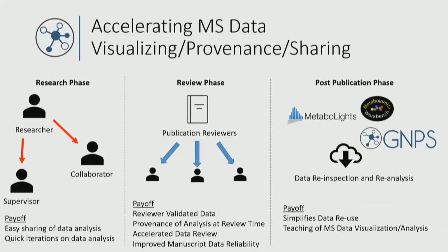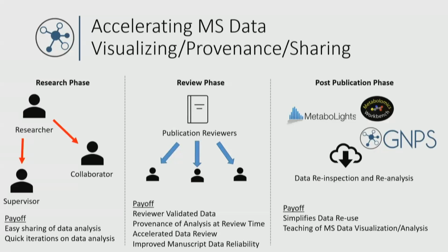But what's really exciting and unique, because it's running in a web browser, is that we've built out the ability to seamlessly share data at multiple different phases of research. In the first phase, when you're going through the data analysis with collaborators, supervisors, and mentees, it's easy to share results and corroborate data analysis.